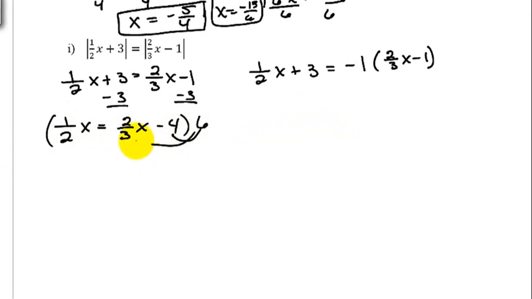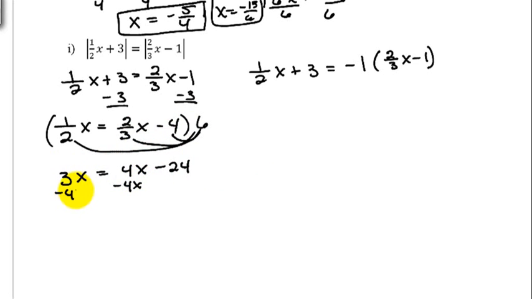Just remember that you have to multiply this 6 to all three of these terms. And 1/2 times 6 is 3, so that gives me 3x. And then 2/3 times 6, so 3 goes into 6 twice, so that would be 4x. And then don't forget to multiply this 4 by 6 as well, so that would be -24.